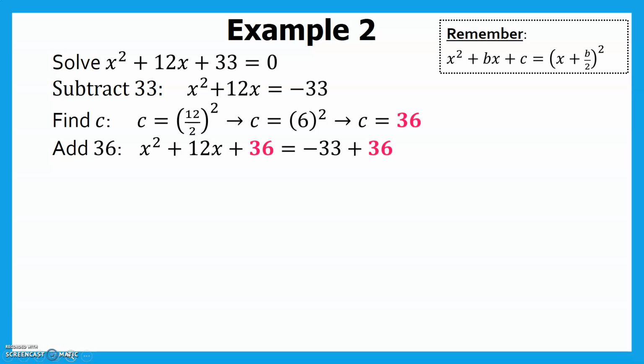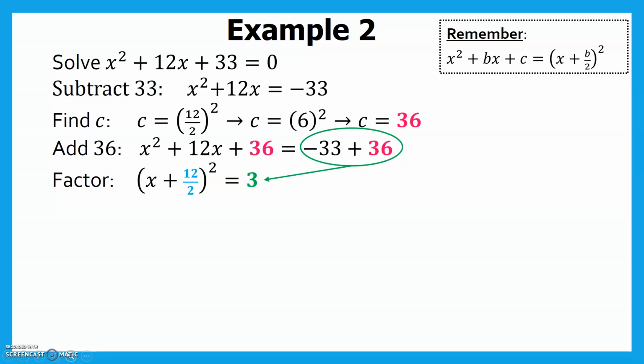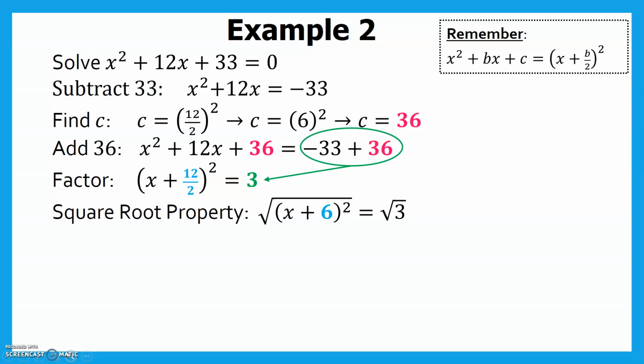Now I'm ready to use the factoring fact up in the upper right hand corner to factor the left hand side into (x plus 12 over 2) squared equals 3, and 3 just came from negative 33 plus 36. I'm going to use the square root property, take the square root of both sides. Notice I've made 12 over 2 into 6.